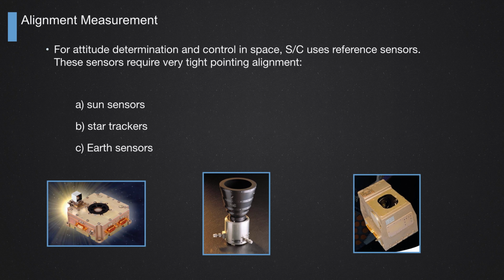So if they have sensors installed, we want to make sure the sensors are installed properly in the spacecraft. If they are installed at a wrong angle, they can give wrong answers for the attitude of the spacecraft. So before sending the spacecraft to space, we have to make sure the installation of these sensors is made correctly.